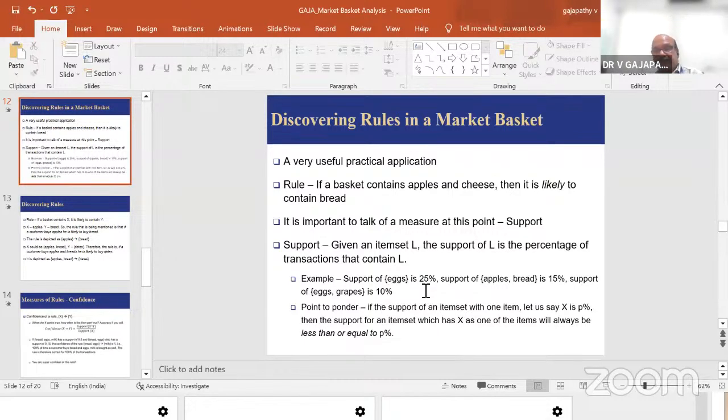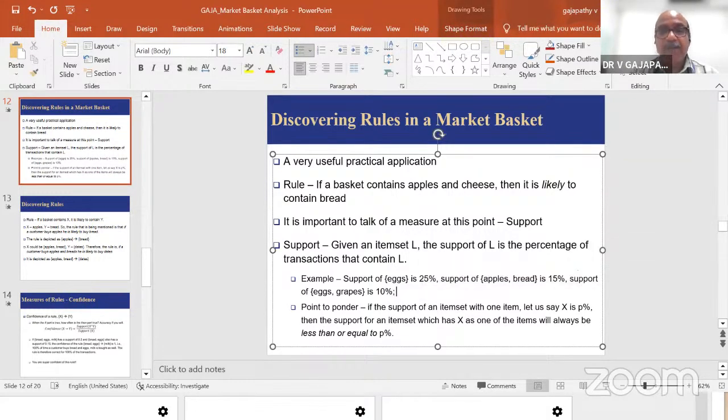What is the confidence? I'm adding here support of grapes. Support of grapes equal to 20%. You tell me now, what is the confidence?